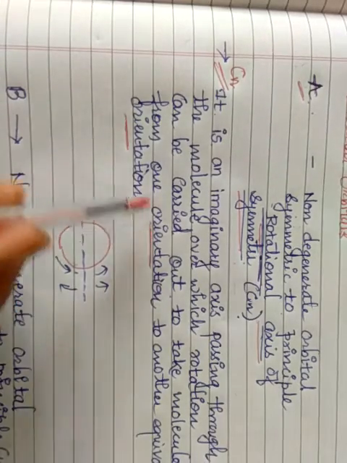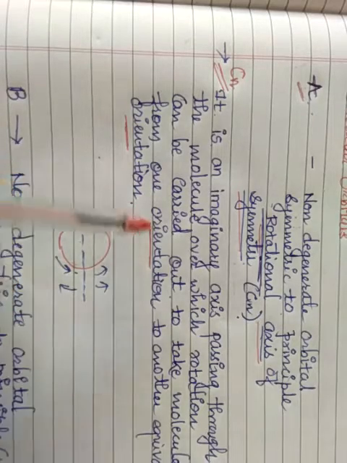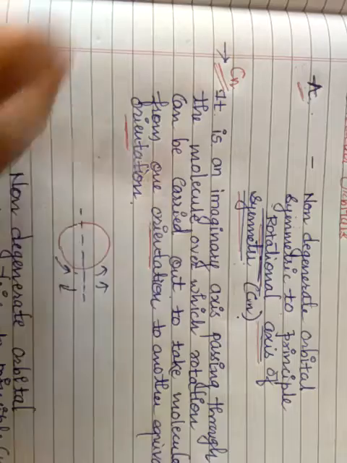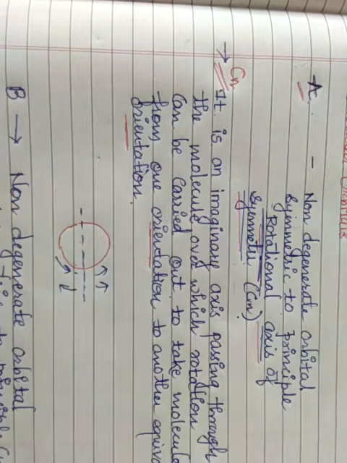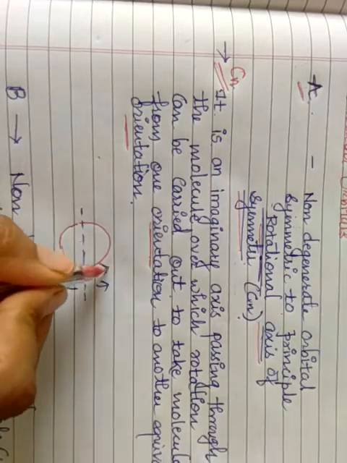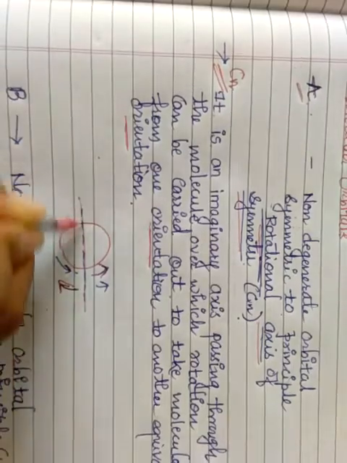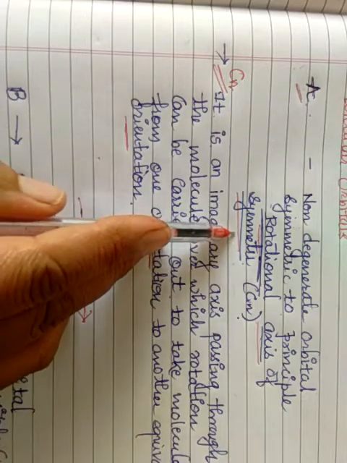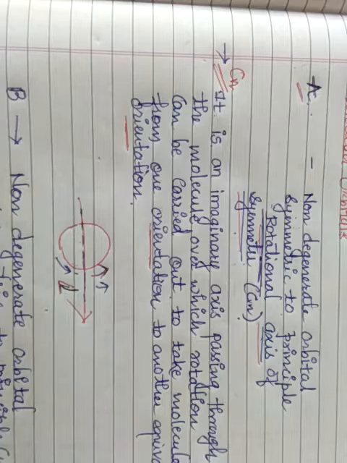To take the molecule from one orientation to another, we have to pass one imaginary axis through the molecule, which we call the rotation axis of symmetry, or Cn. This is the first term.